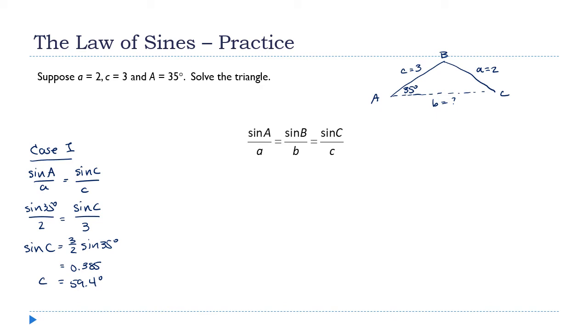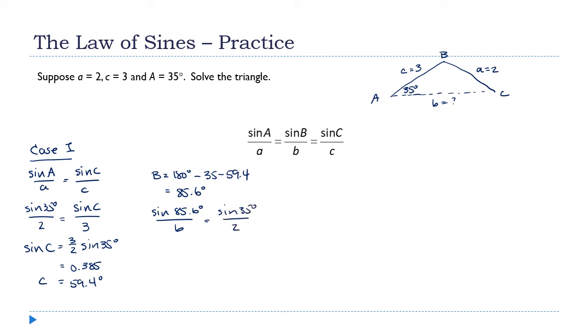Let's find angle B. Angle B is 180 degrees minus 35 minus 59.4. That is 85.6, and that's a valid dimension, right? That's good. And now, finally, I'm going to find side B. I'm going to do sine 85.6 divided by B equals the sine of 35 divided by 2.